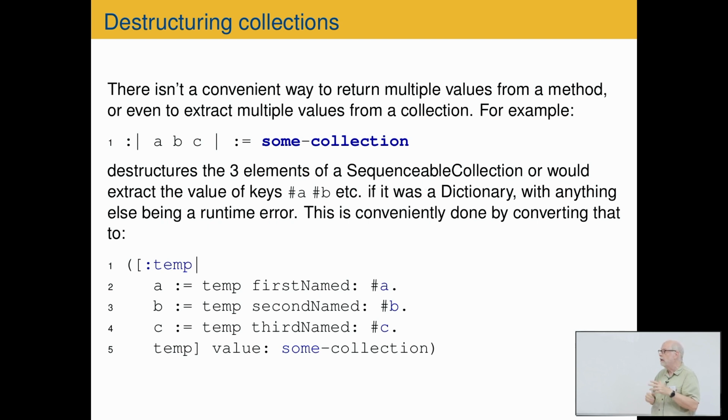It evaluates the right-hand side, and then that gets sent first named and the name of the first variable, second named and the name of the second variable, and so on. Arrays just have first named equivalent to first, second named equivalent to second, and so on. For a dictionary, it uses first named equivalent to at, and so on.